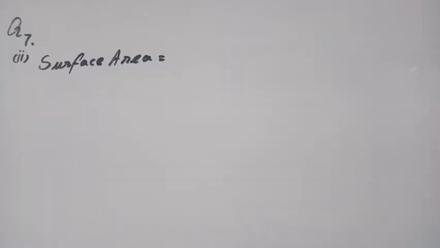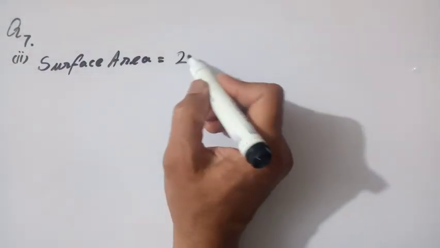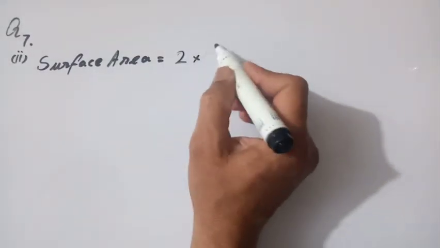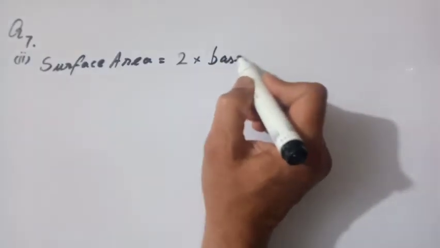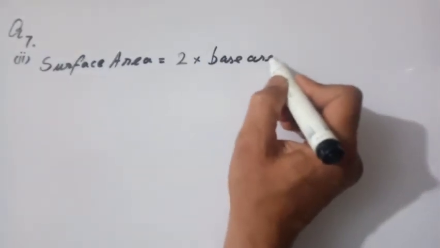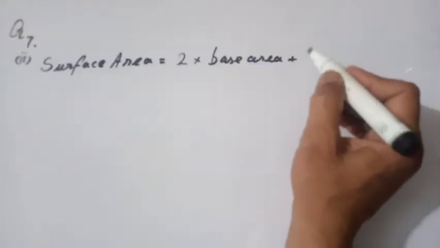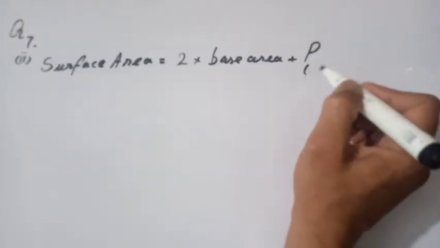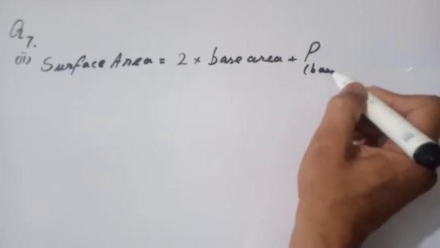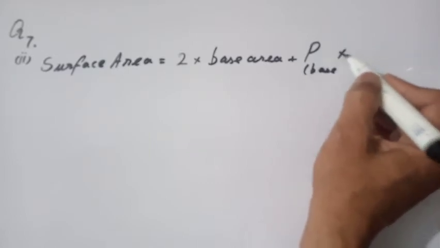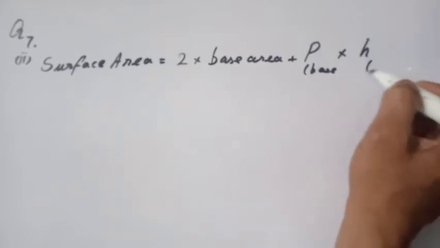Now we find out surface area. To find out surface area, you know very well that double of the base area plus perimeter of base multiplied by height of what?